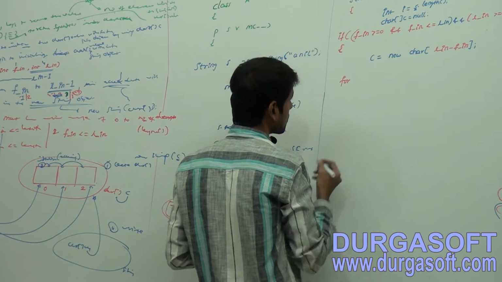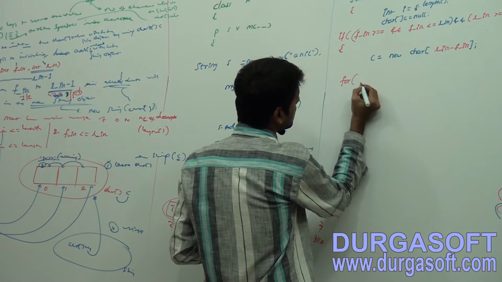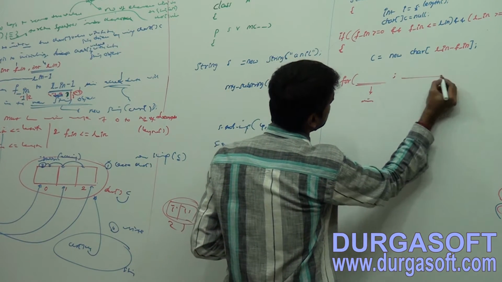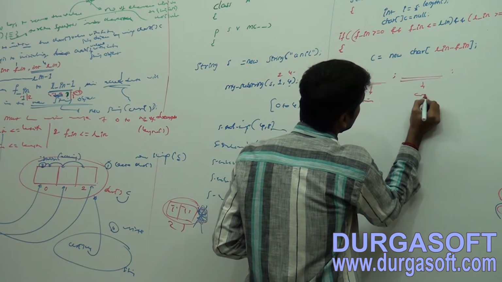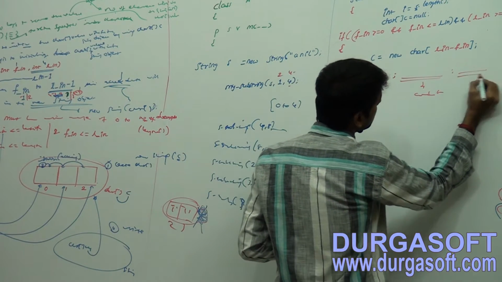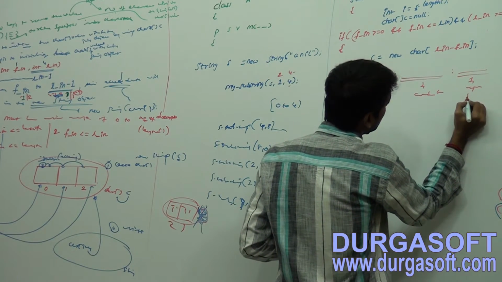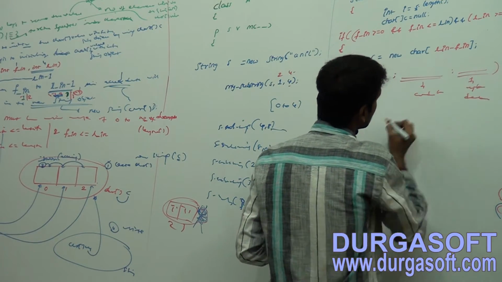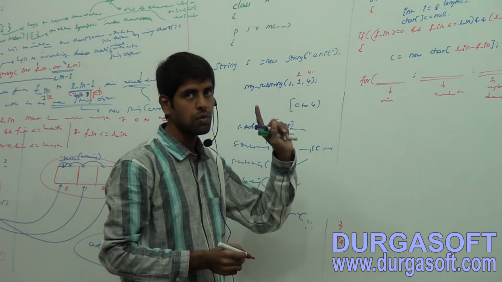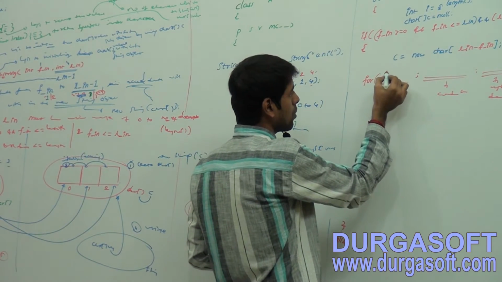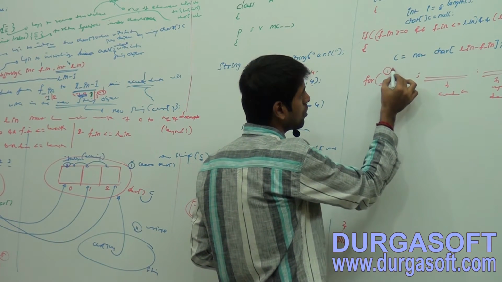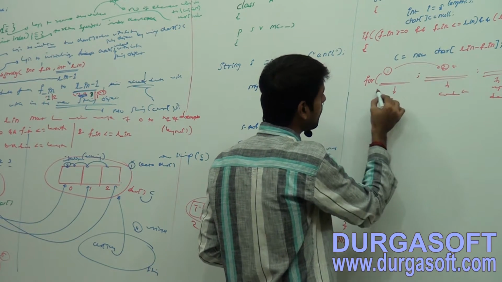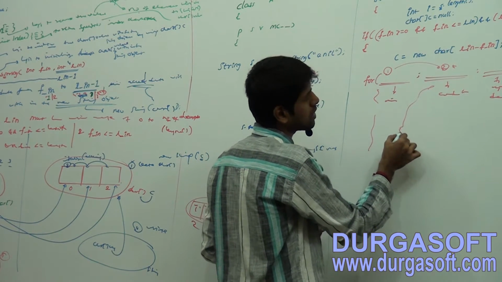Now this is the initialization section. This is the conditional checking section. And this is the updation or decrementing section in our for loop. What is the flow? This will execute only once. After executing this one, it will execute this one. If it is true, the body statements will be executed.